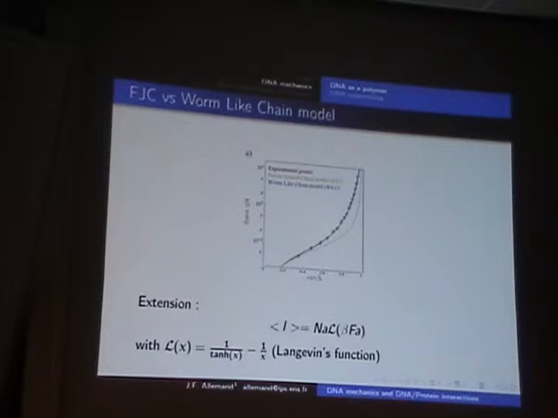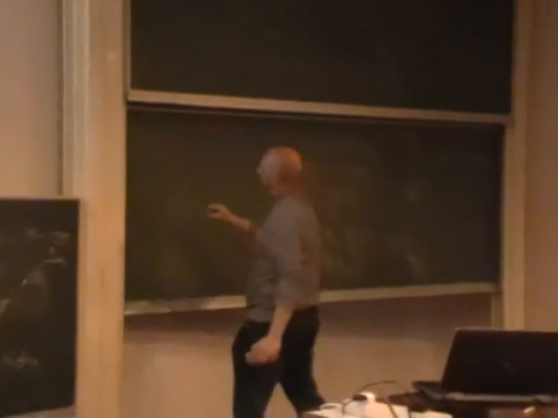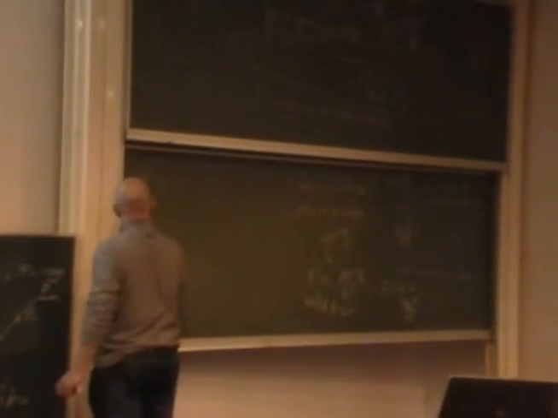So we have, this is going to be the distance between the two extremities on the polymer.